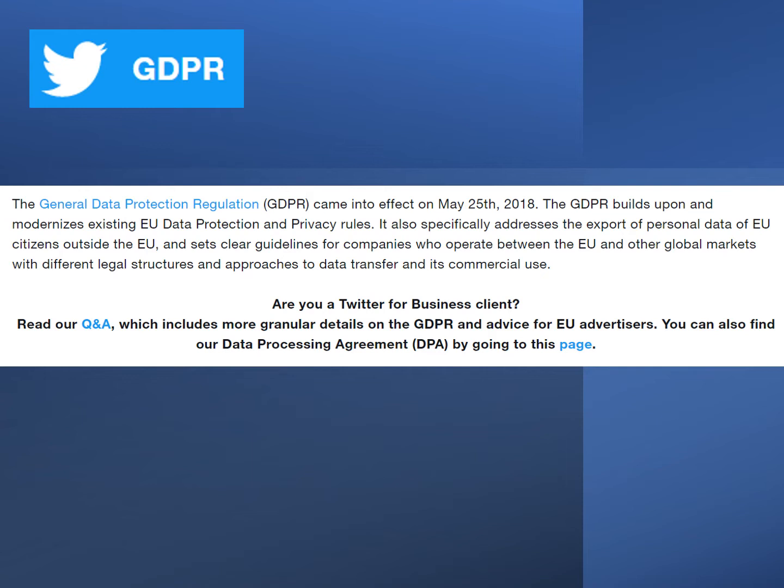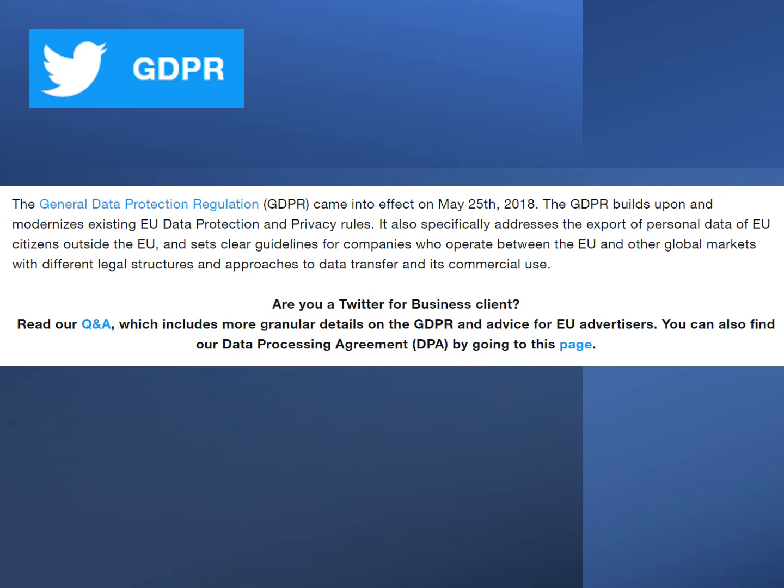If your state doesn't have anything like this, write to your Congress and say, we demand these privacy and data protections be in place so that our stuff isn't being shared without our permission. So definitely look into that.